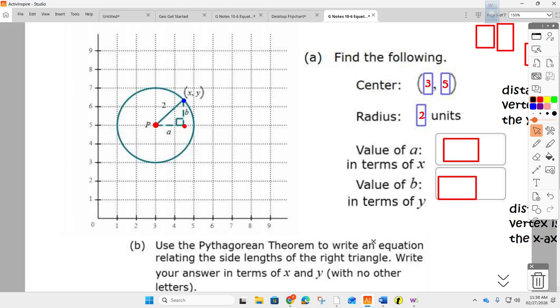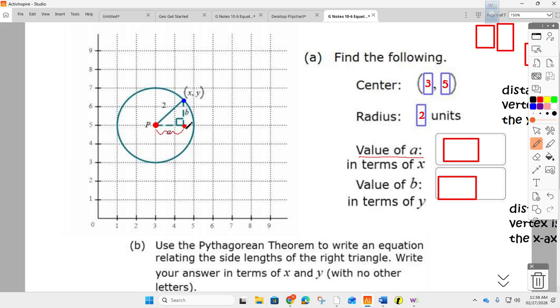So the first thing we have to do is write this distance. So we want to model first. We're going to write the value of A in terms of X here. So the value of A is this length.